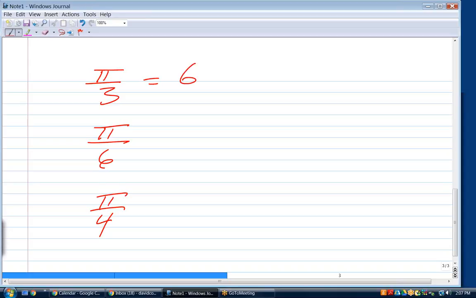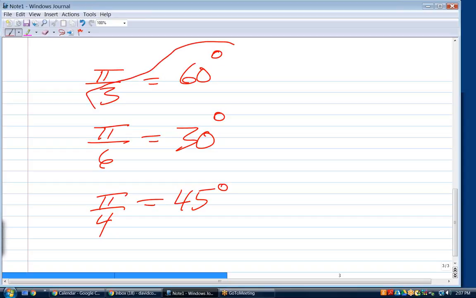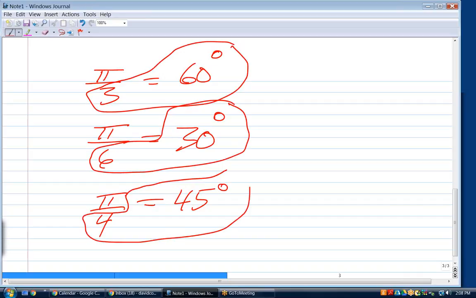That's equal to 60 degrees. That's equal to 30 degrees. And that's equal to 45 degrees. Notice every one of those multiplies to 180.